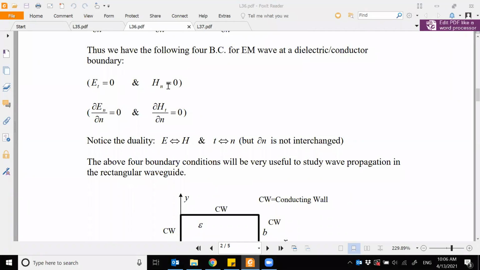First is E tangential is 0, H normal is 0, the partial derivative of the normal component with respect to the normal space variable is 0, and the partial derivative of H tangential with respect to the normal space variable is 0. So these are the four boundary conditions that we derived.